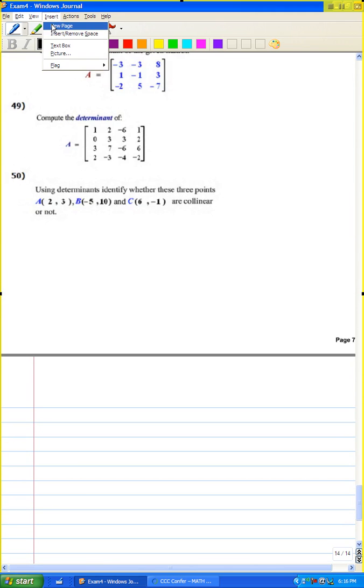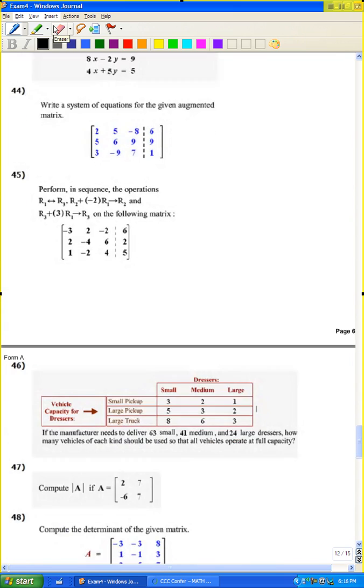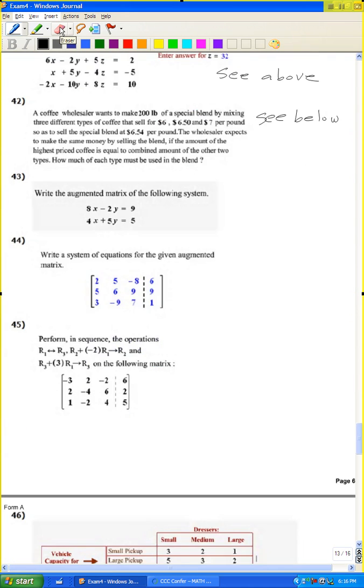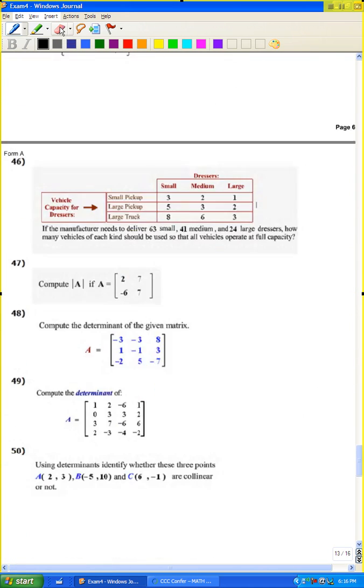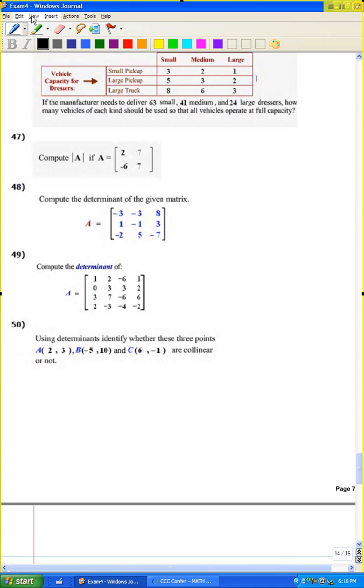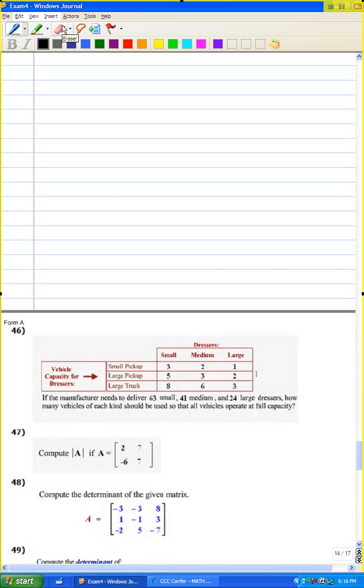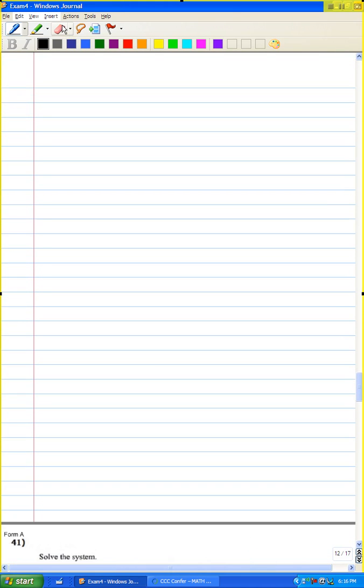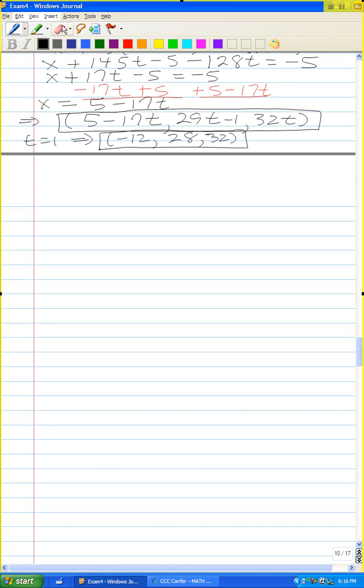Okay, let's see if I can do it this way then. It doesn't want to insert it where I want it. It keeps inserting it never where I want it. Okay, I hate you. Okay, let's do it this way. Oh, good. Okay. Sorry about this. Let me get rid of these extra pages that I didn't want.